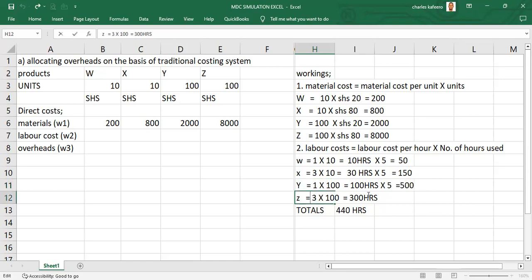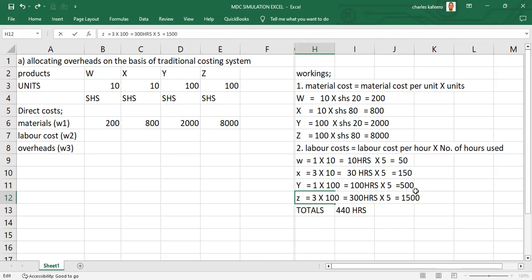So we go to product Z and we also multiply by 5 to be able to get the 1,500 shillings, meaning that's the cost that we spent. Remember here, we don't need the total.